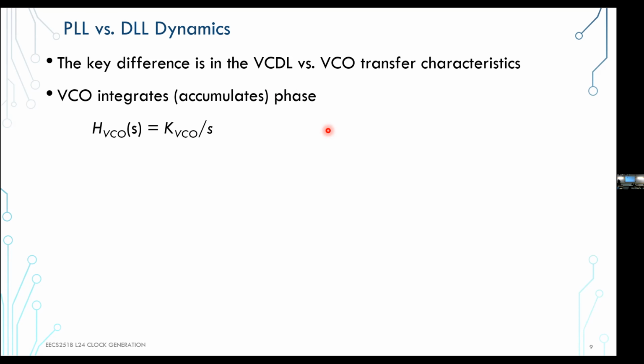Similarly, if I have a clock buffer chain, as we've shown here, on every inverter you're going to get a little noise add, right? In the VCO, as you go around the loop, on every inverter you add a little bit of noise, but you feed back and then add a little more noise, so the noise accumulates across the ring oscillator. In a clock buffer chain, the noise is just the sum of however many buffers you have.